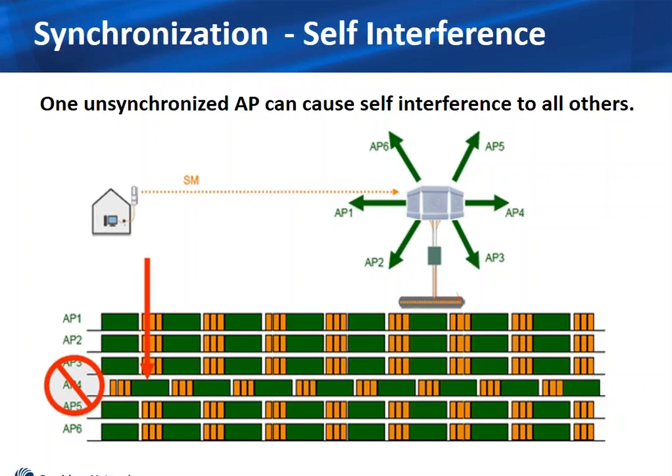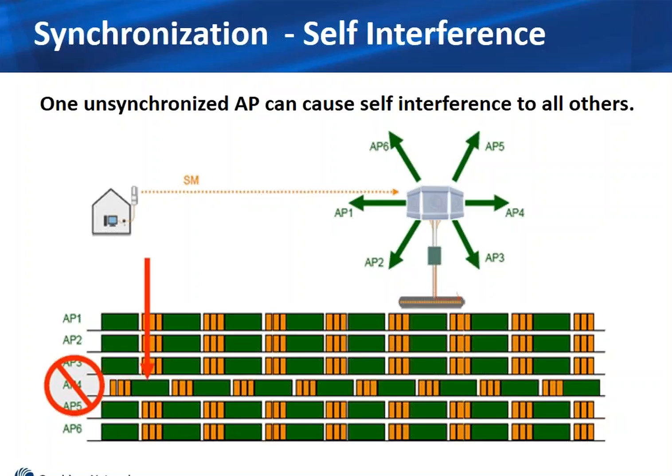Don't get it in your mind that, hey, I'm using synchronization on like 90% of the radios on the tower, and I only have one that's not synchronized, a different solution for whatever reason, so it can't be doing that much harm.